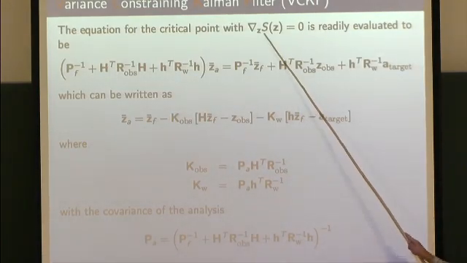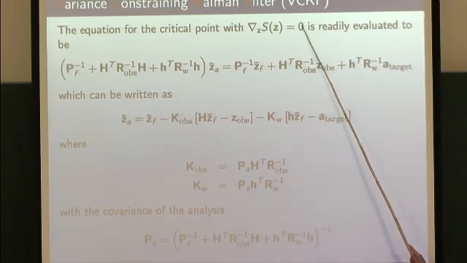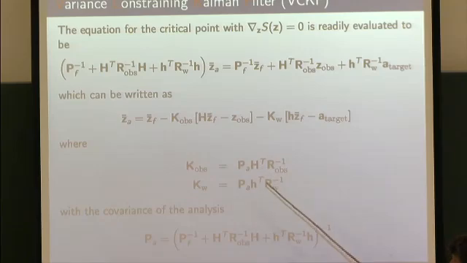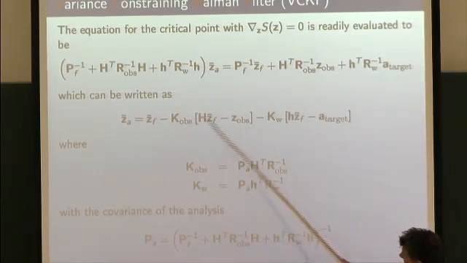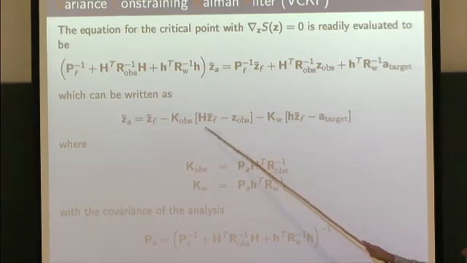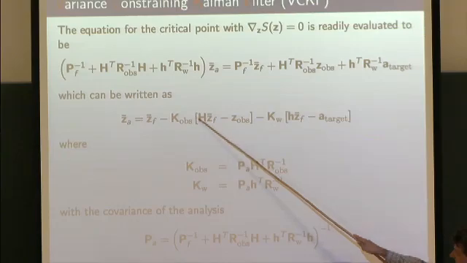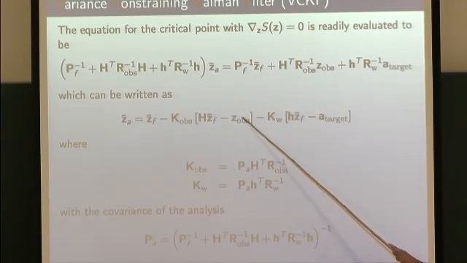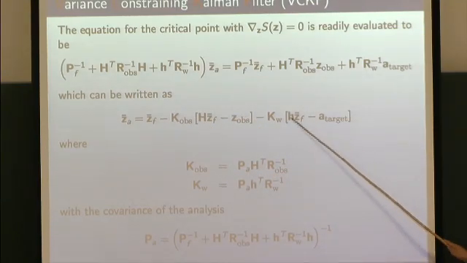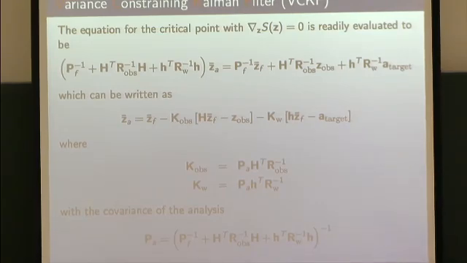So we now go through the same motion as before. We want to know the critical points of our cost function, and we again get these Kalman correction terms. This is the old one that measures the difference between the forecast and observations, projected with capital H into observation space, minus the actual observations taken. And this one is a projection to the pseudo-observables and the difference with the specified mean of the pseudo-observables.